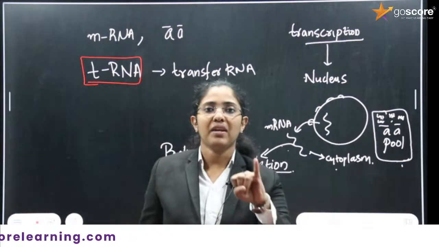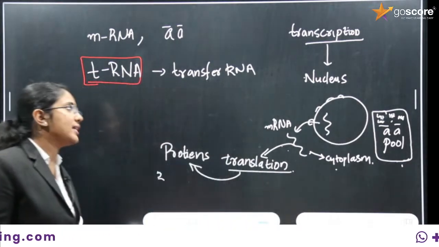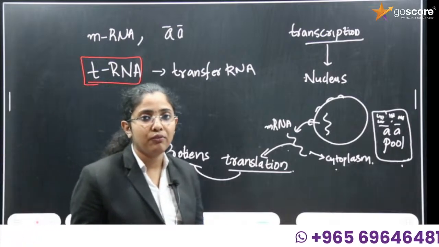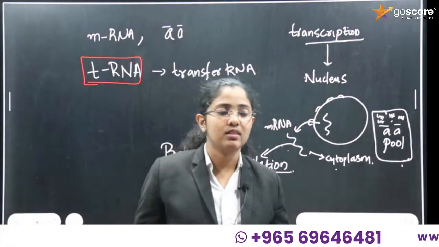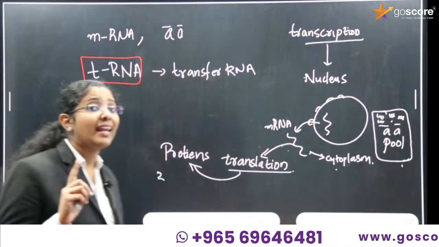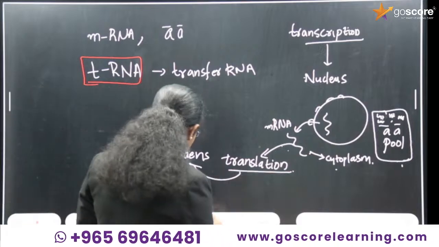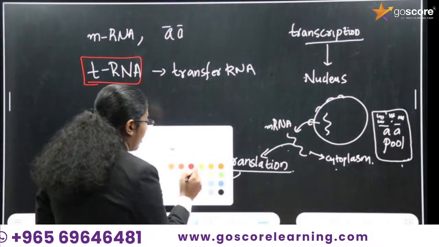So you have mRNA, you have amino acid, then you have tRNA. But for the synthesis of protein, you need another important thing, which you have studied as a cell organelle.